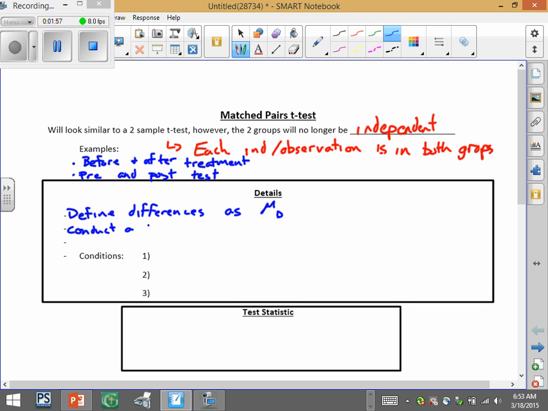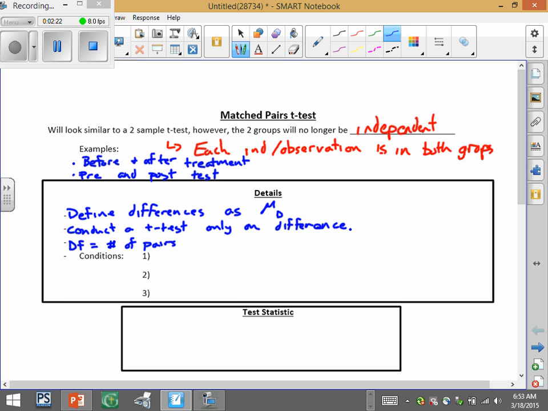So basically you're going to conduct a t-test only on the differences. So yes, there are two things, but it's not a two-sample test because really we're not able to compare the two groups separately from each other because they're no longer independent. And then the degrees of freedom here is going to be equal to the number of pairs minus 1.